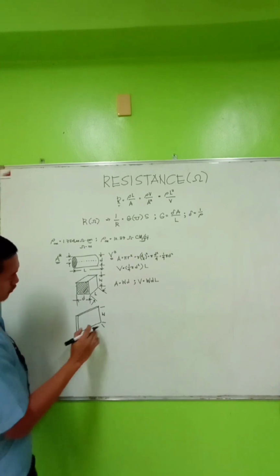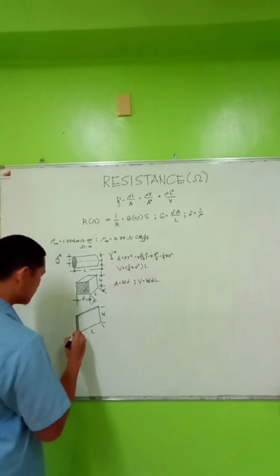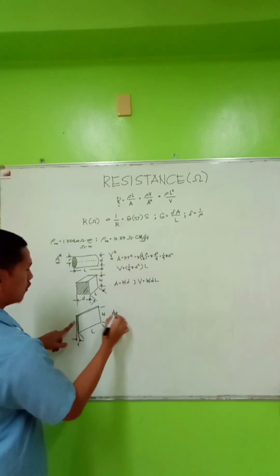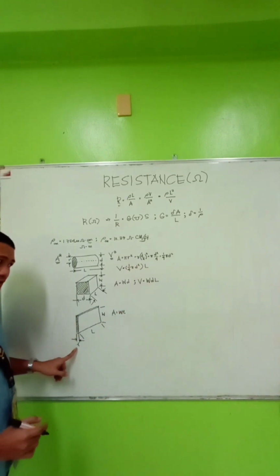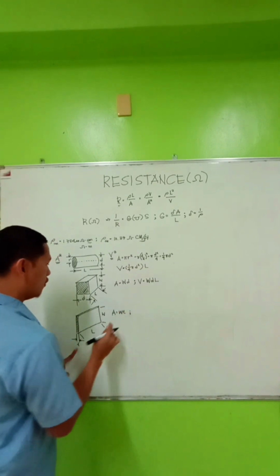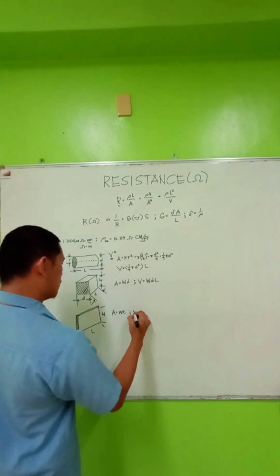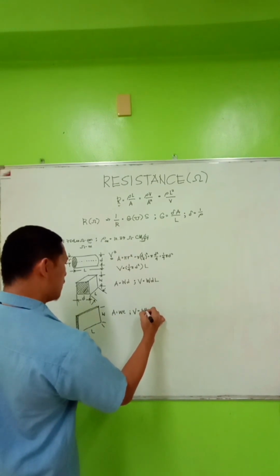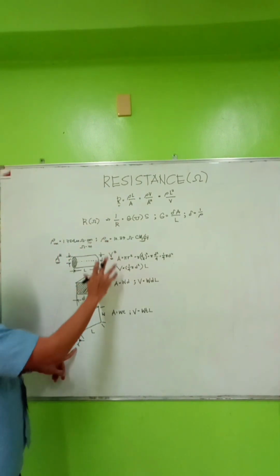In order to determine the cross-sectional area of your bus bar, your cross-sectional area is equal to your width times the thickness. Or if you're after the volume, your volume is equal to width, thickness, and your length. Okay?